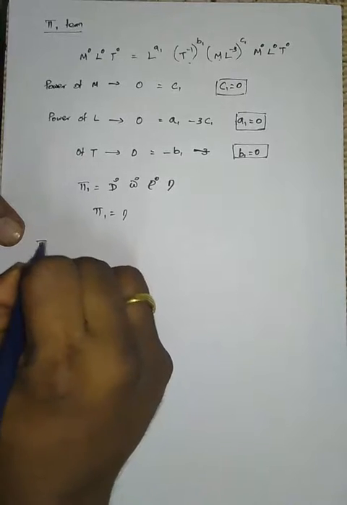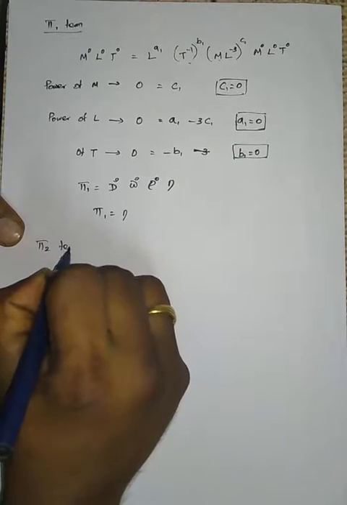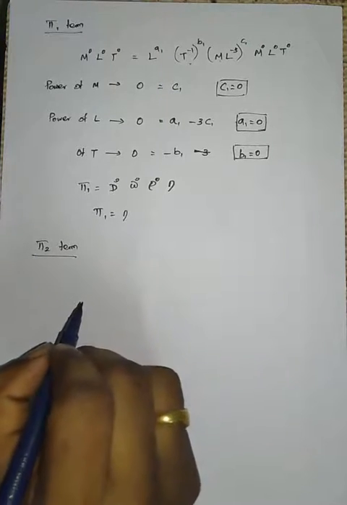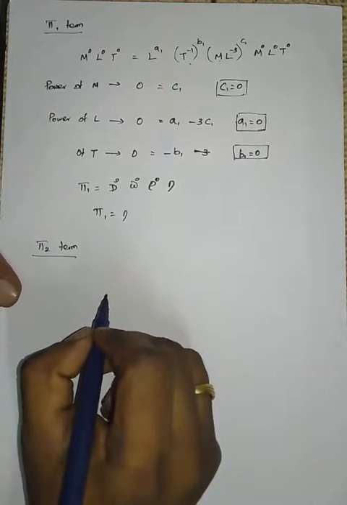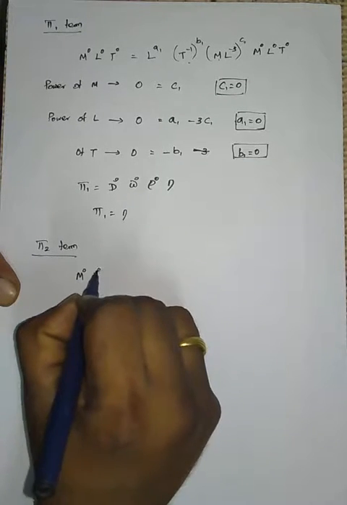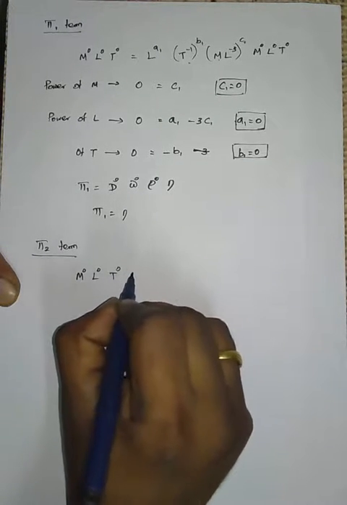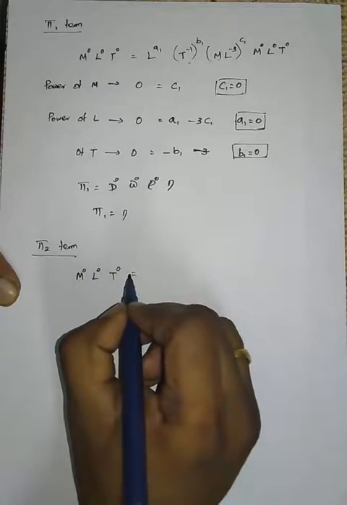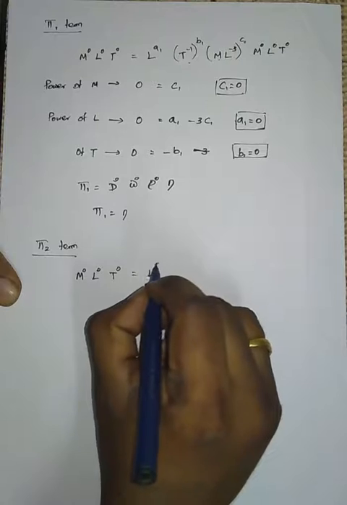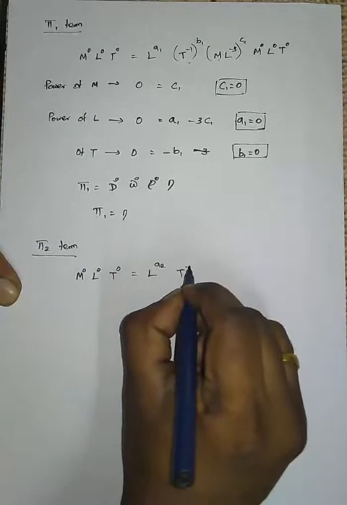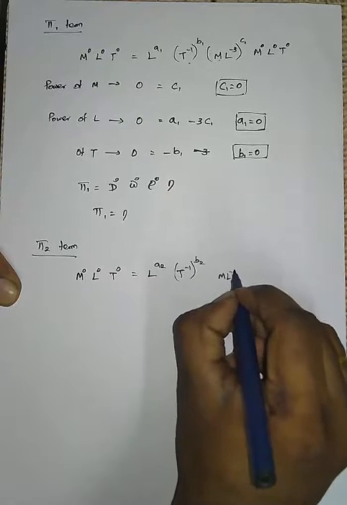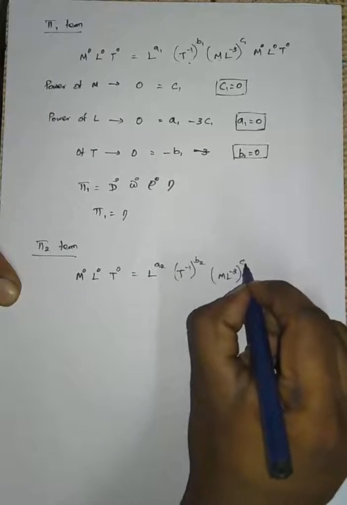Now you have to take the pi 2 term. Similarly, the pi 2 term has to be written with the MLT system. For pi 2 it is M power 0, L power 0, T power 0, since it is a dimensionless term. So here L power a2, T power minus 1 to the power b2, M L power minus 3 to the power of c2.